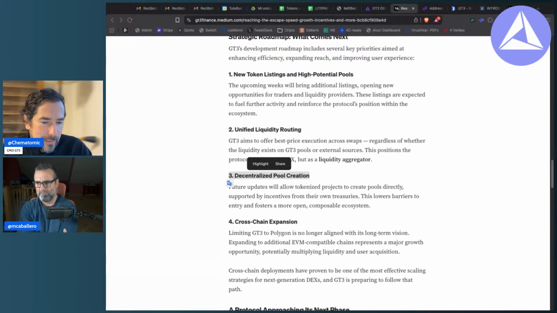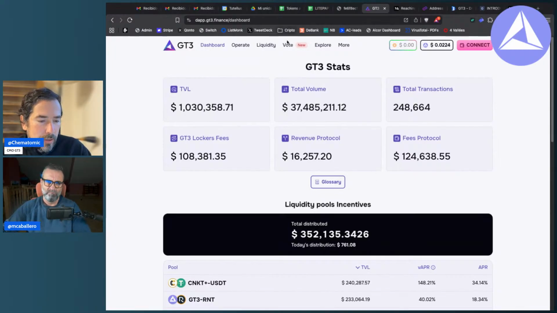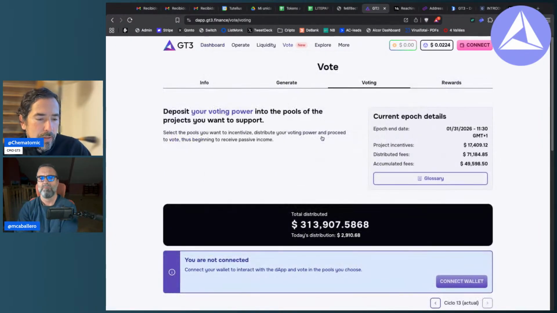It's not about that. In reality, it is a way to participate in a decentralized business. It is a way for anyone that has GT3 token locked to get the revenues of the whole protocol, of the whole platform. And the more we grow, the more money they will make, because there will be more money to be shared with everyone.